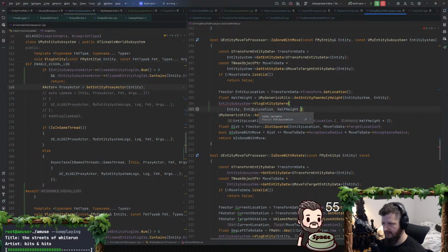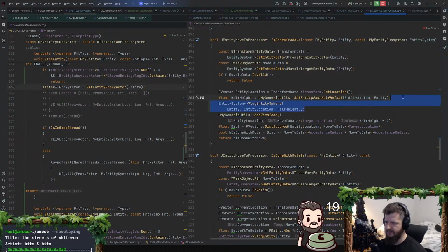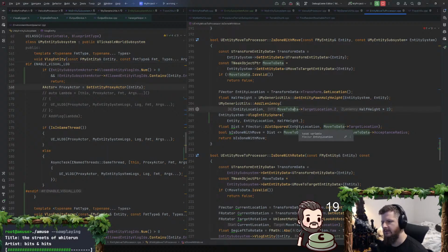Well, we know where the entity location is already, so we don't really need to log that, do we? And we know where the move to location is, so let's just log the output from that. The radius we can set to half height times 2, or maybe just whatever the move to data acceptance radius is.